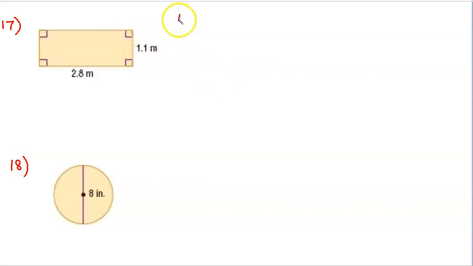So the perimeter first, we know that this length is 2.8. So the perimeter for this rectangle, we do 2 times the length plus 2 times the height. And of course, the height has to be the same on both sides.